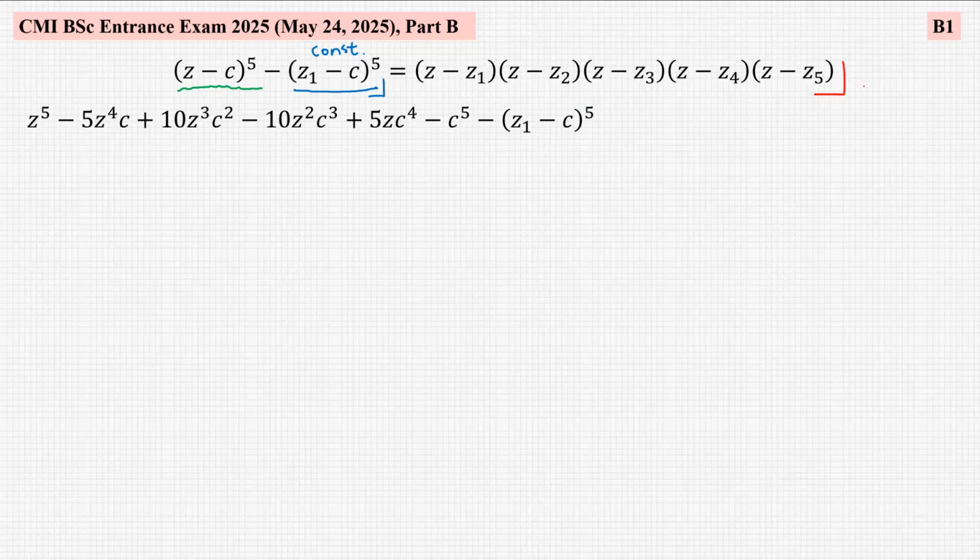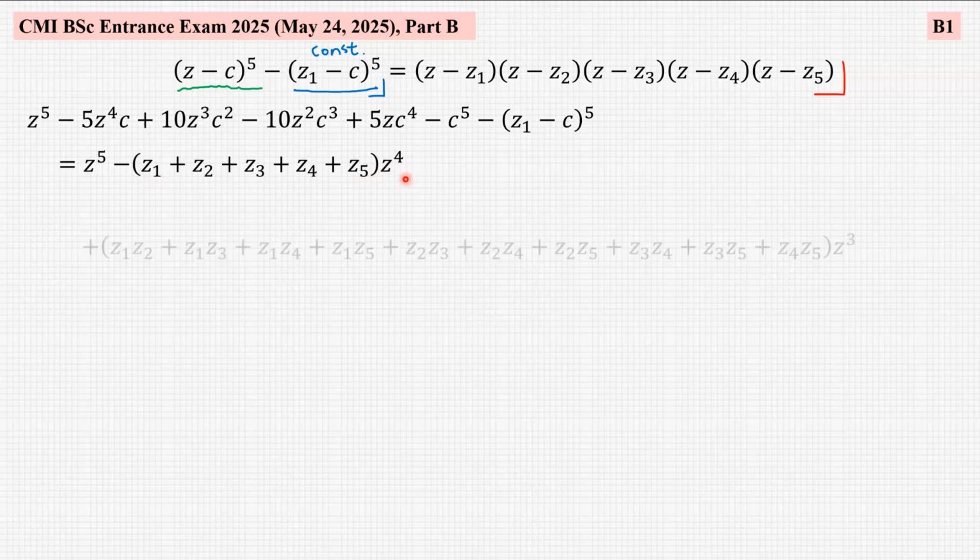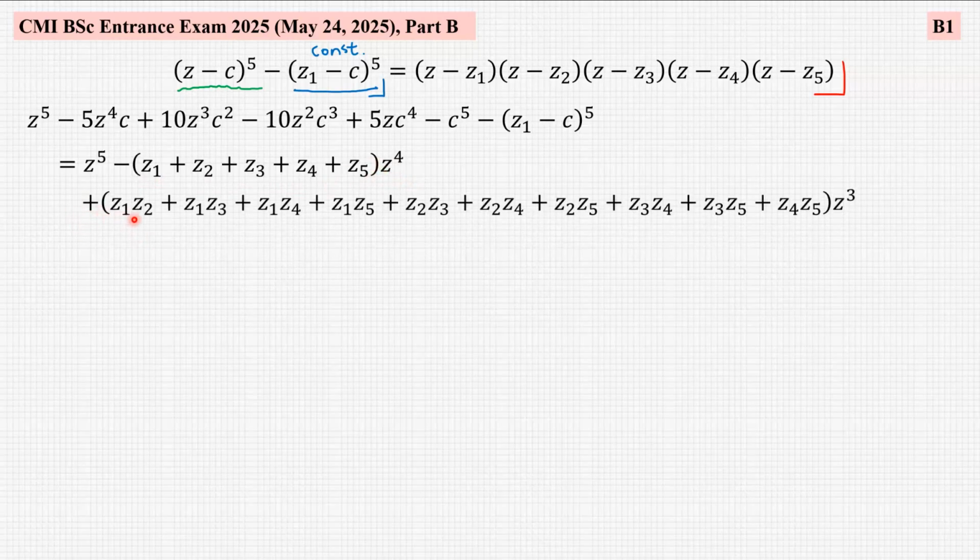Expanding the right-hand side may seem exhausting, but many of you might already know the method. First, we have z to the 5th power. Then we have minus the sum of z1, z2, z3, z4, z5 times z to the 4th power. Then plus the sum of all possible products of two roots. There are 10 possible combinations times z cubed.